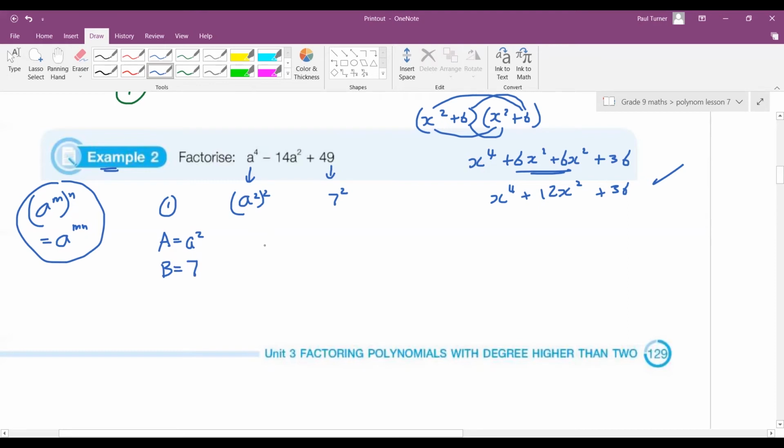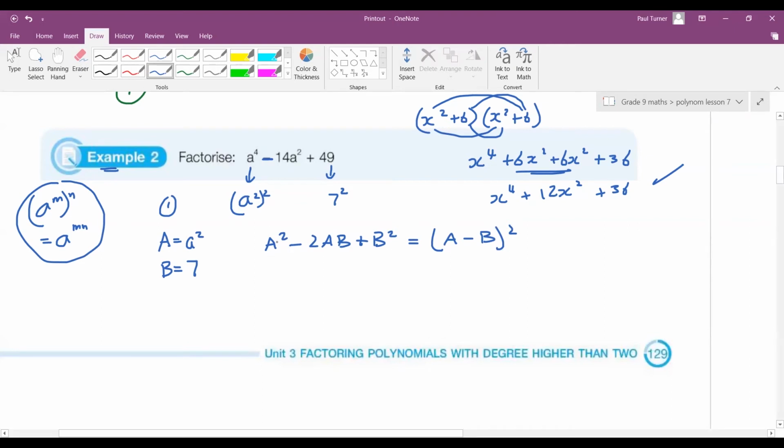So you can do this first, get these a and b. Then you write your formula down, a squared, and we're using minus now, minus 2ab plus b squared. And if everything works properly, we can write that as a minus b all squared. So write your formula down, and then we put these numbers or your terms into the formula.